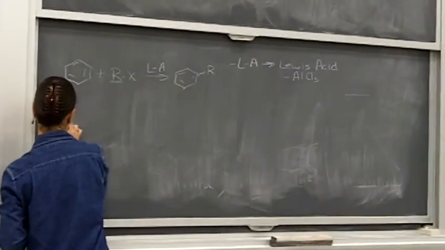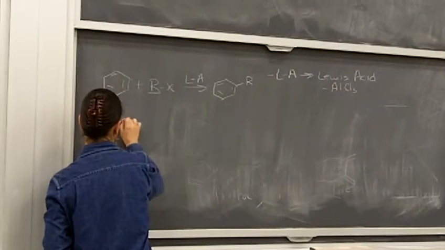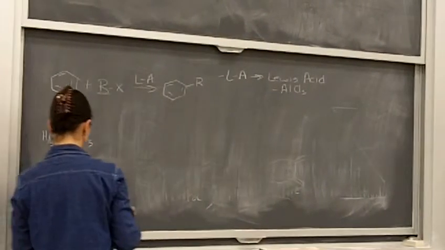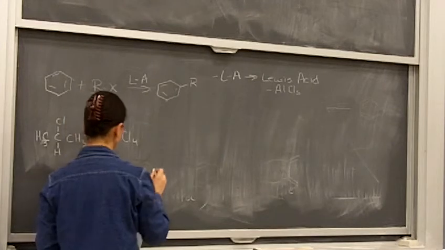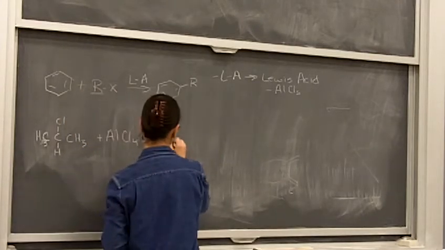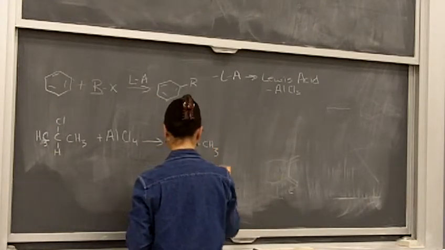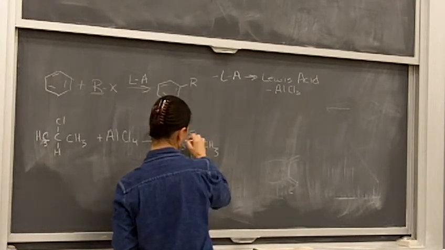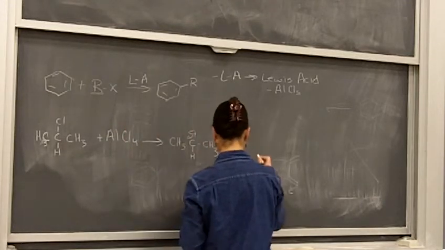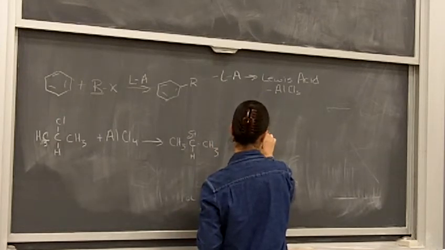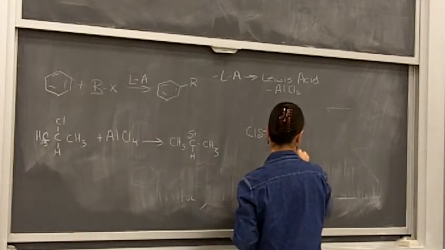So we've got chloropropane reacting with our aluminum chloride, and eventually we're going to form this carbocation, but in between, what happens is we've got this partial positive charge here on our carbon that chlorine came from, and that chlorine is partially associated with this carbon, and it's partially associated with the aluminum chloride.